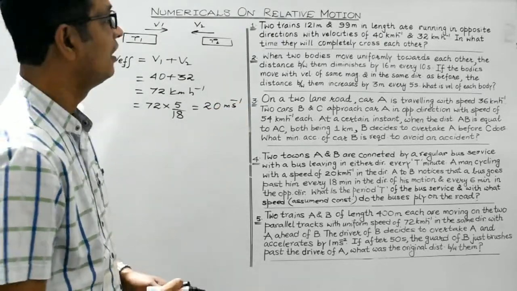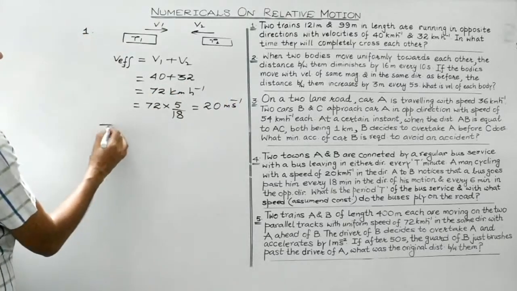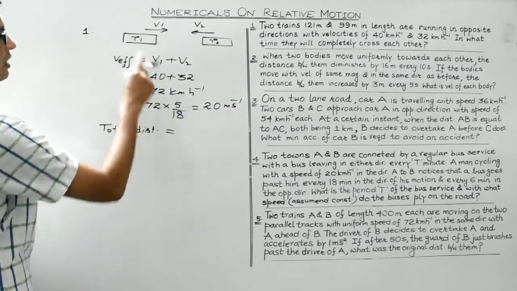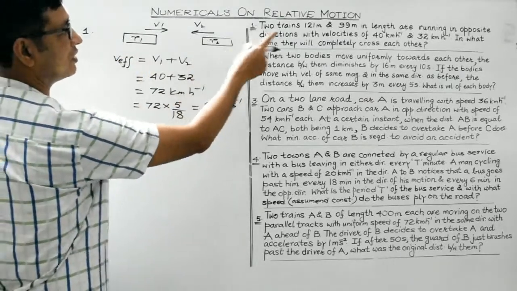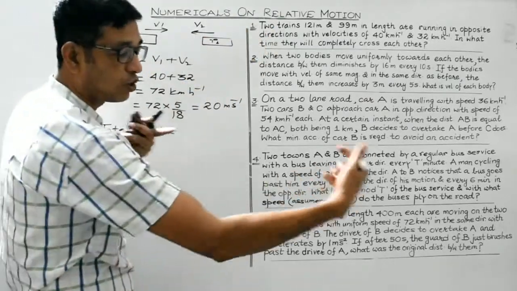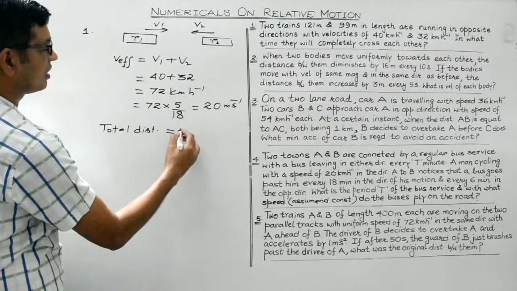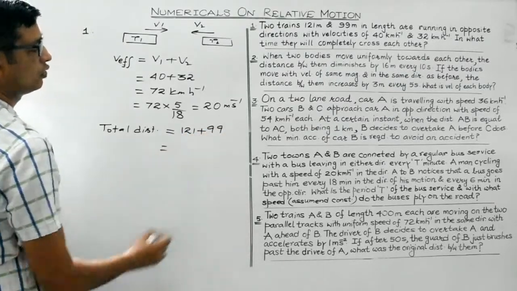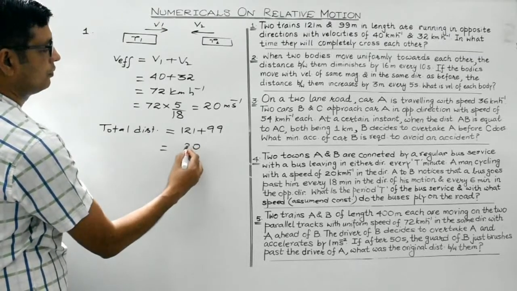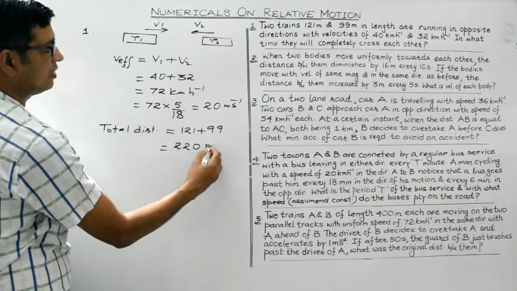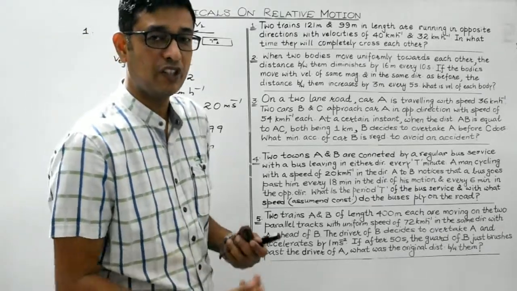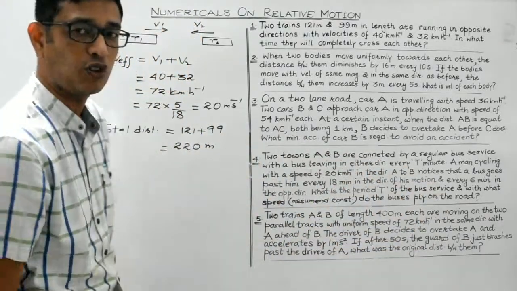Clear, students? Now, total distance to be covered. The length of one train is 121, the other train is 99. So as to cross completely, the total distance covered should be 121 plus 99. So it will be equal to 220 meters, isn't it? So we are supposed to find out the time during which the trains completely cross each other.